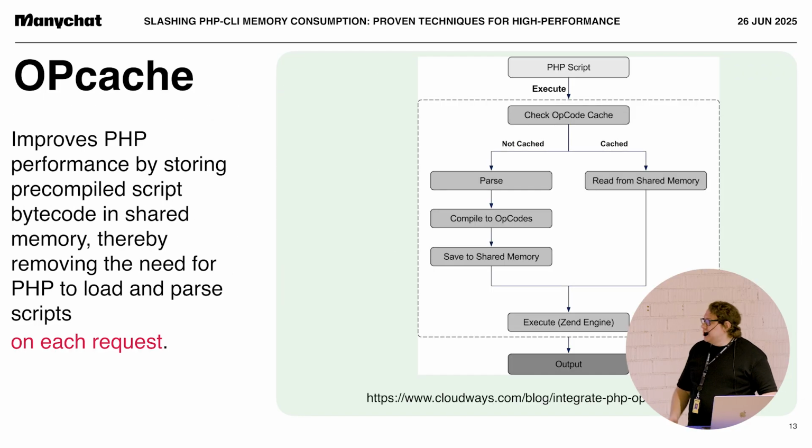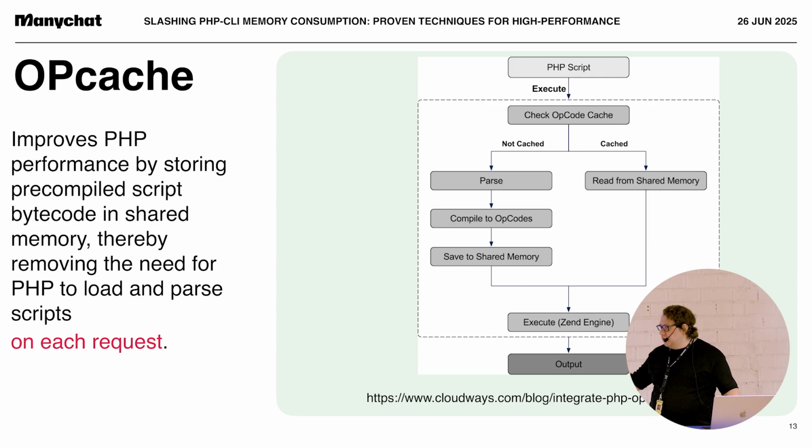Back to opcache. Opcache was designed to support this FPM approach with serving each new request, so that PHP does not need to compile the opcodes for every request for PHP files, and just reads them from shared memory.